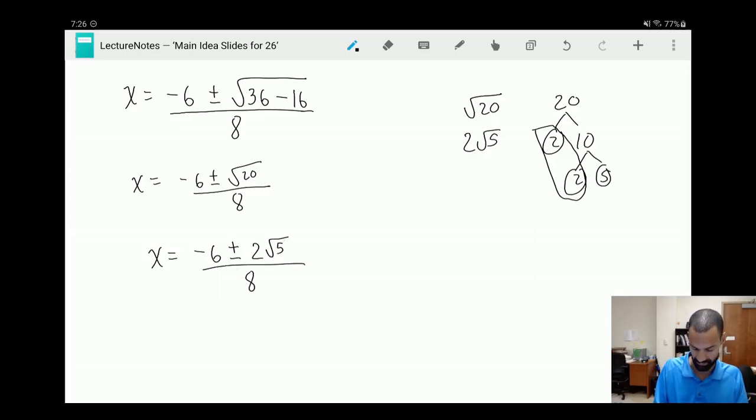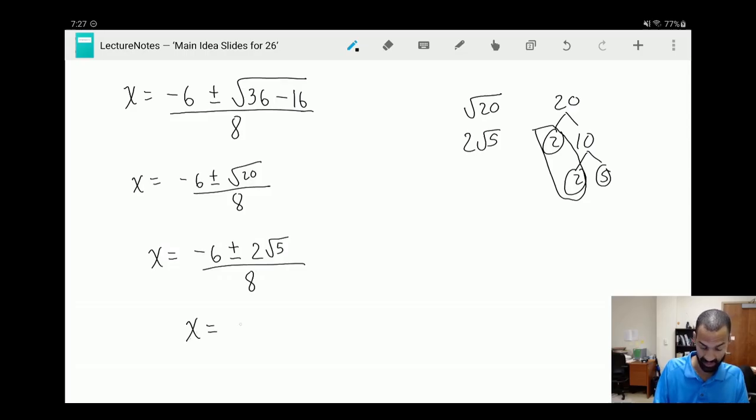Okay, this is the last part. 6, 2, and 8. This is a new type of fraction where you have two terms in the numerator and a single term in the denominator. 6, 2, and 8 are all divisible by 2, so divide them all by 2.